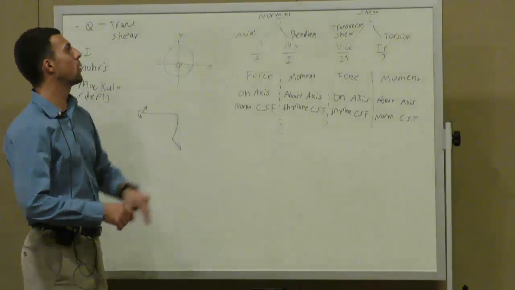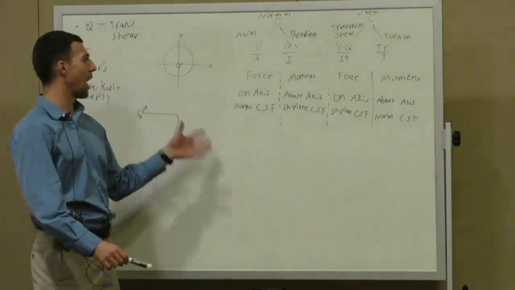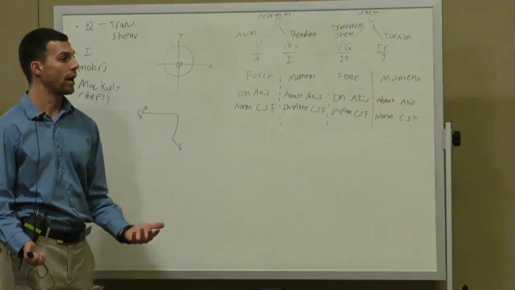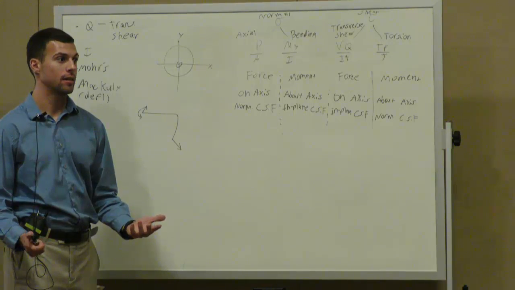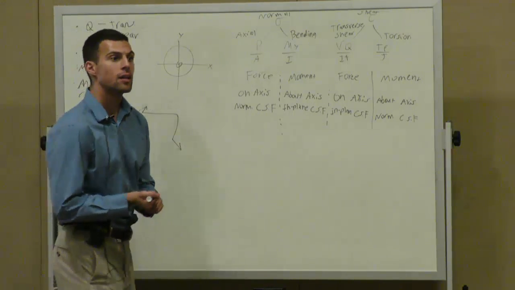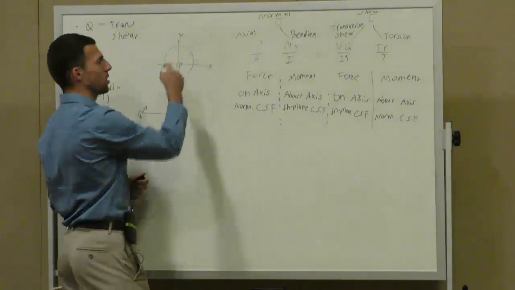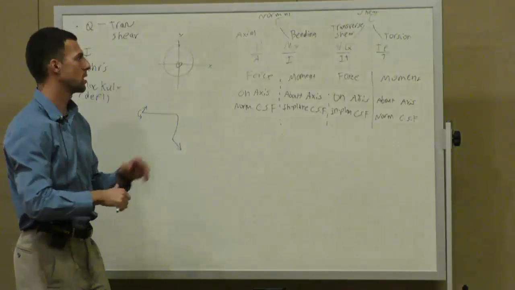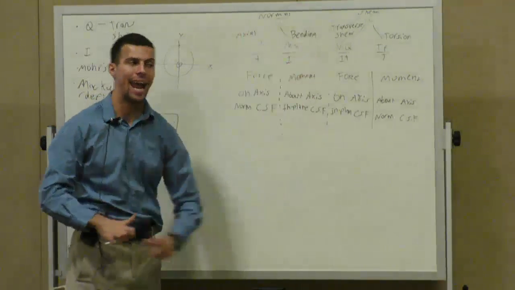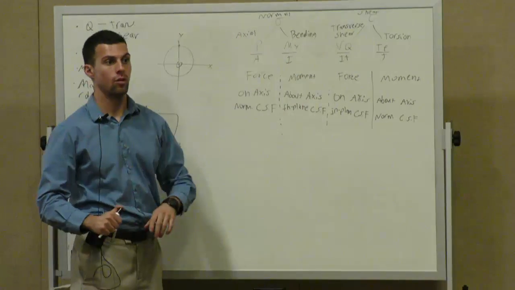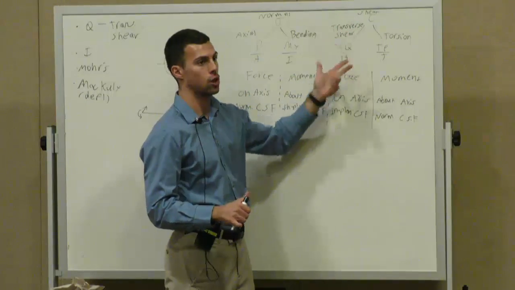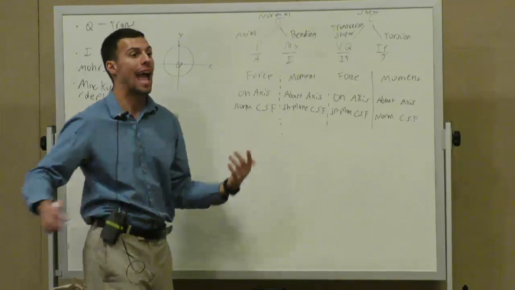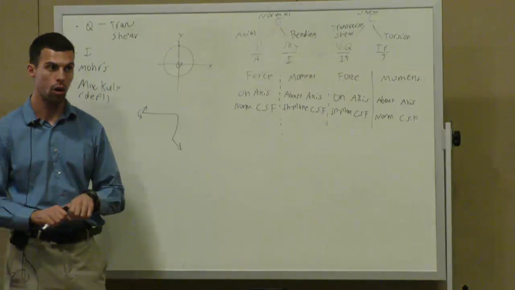So can we add all normal stresses that are acting together at a single point? Yes, you can, right? So if you're looking at a specific point on this guy, and it has stress caused by both bending and axial, or it has shear stress caused by both transverse and torsion, you can add them up to get the sum total, right?